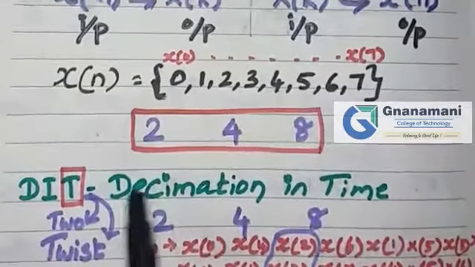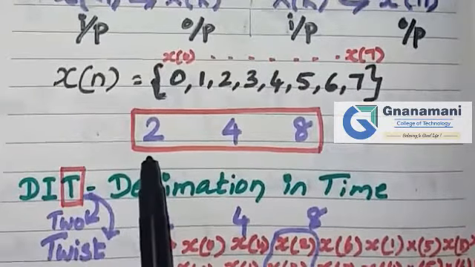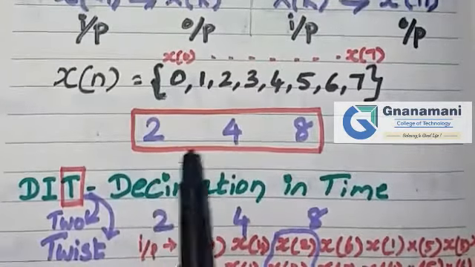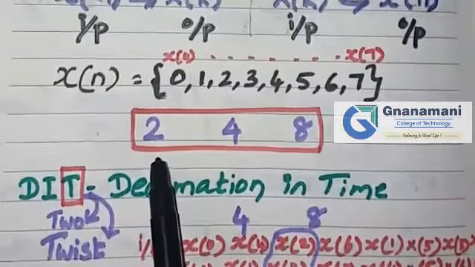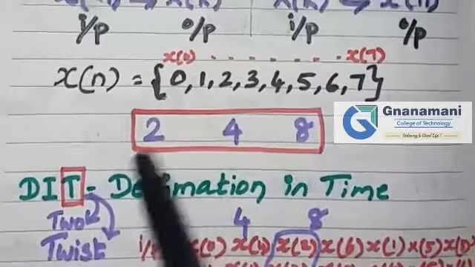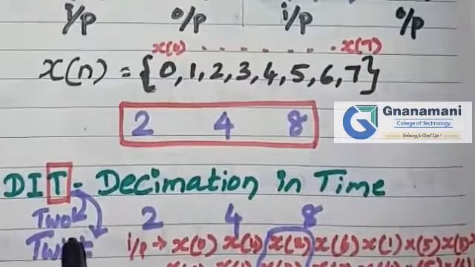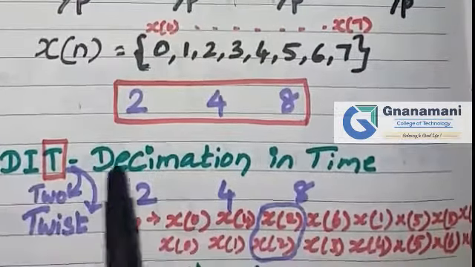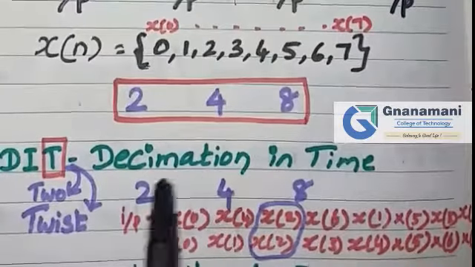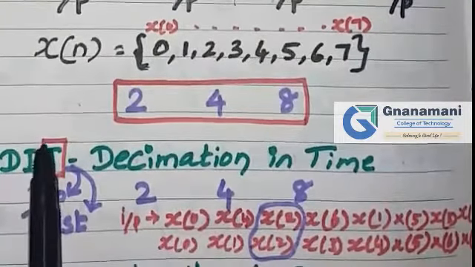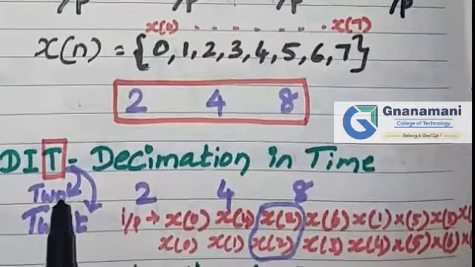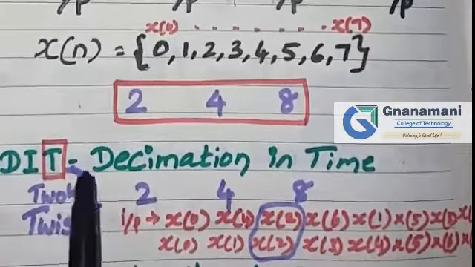Second thing, you should keep in your mind these numbers 2, 4, 8. I will tell you later. These are the stages of your DIT or DIF, whatever it may be. Coming to the tips and tricks for this problem, DIT means decimation in time. In DIT, the last letter T stands for 2 and twist.